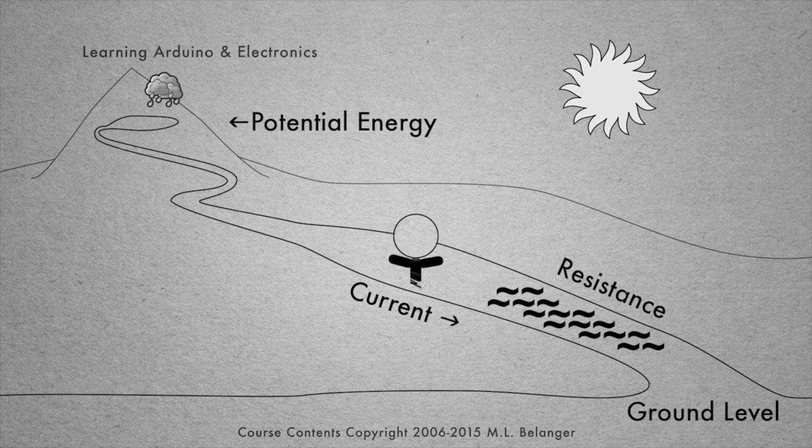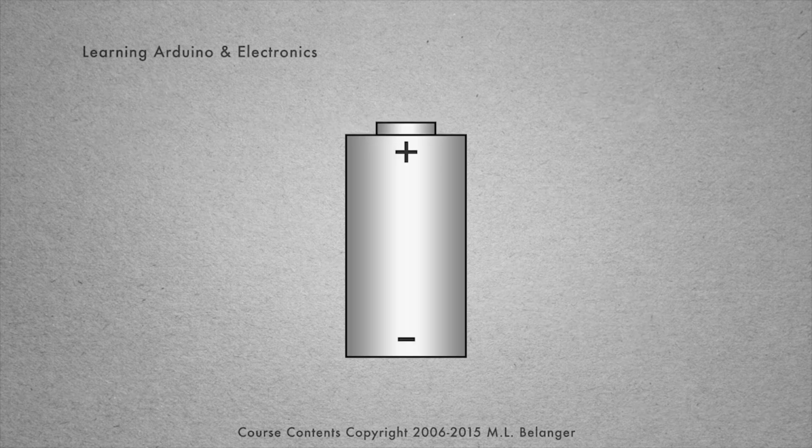For the system to keep working, an external second form of energy is needed, in this case sunlight. A battery works the same way. Its supply of electrons would be quickly depleted if they weren't being continuously resupplied by another form of energy inside the battery. In this case, it's the chemical reaction inside the battery that keeps the electrons flowing.